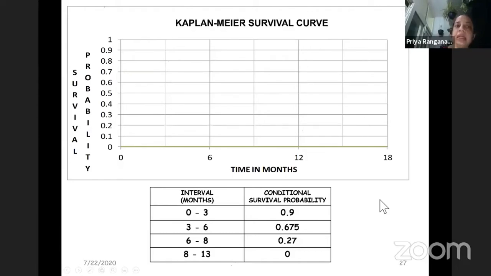We just derived that table on the previous slide. You can see that if everybody is alive initially, then at 3 months, survival probability drops to 90%. At 6 months, it drops to 67.5%. At 8 months, it drops further. And then it comes down to baseline because all the patients on the study have either died or got censored.